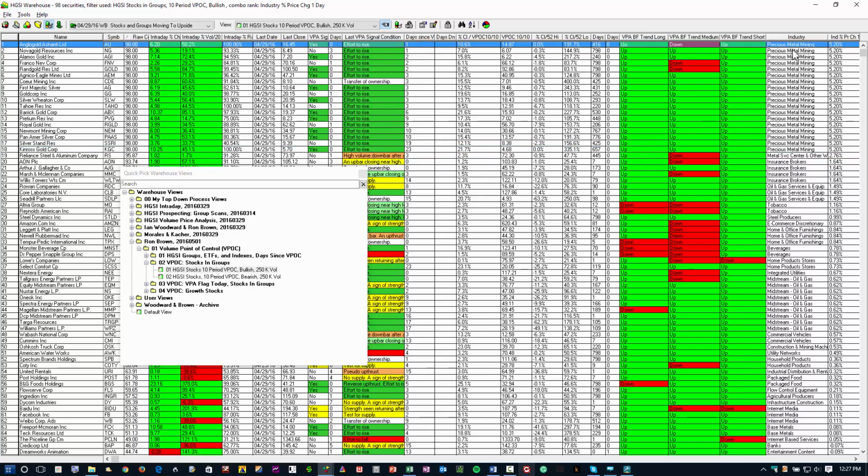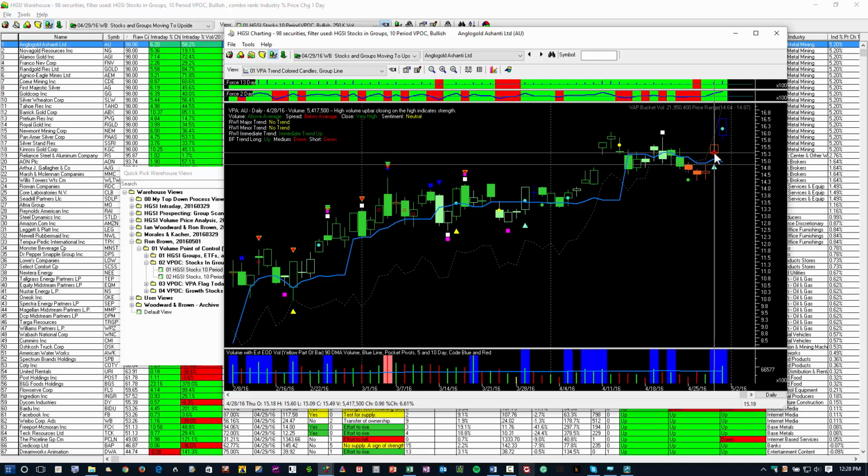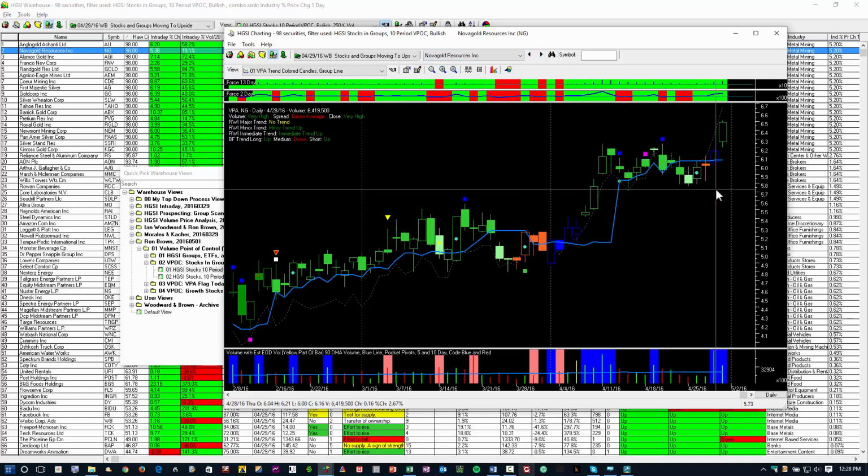This shows me the precious metal and mining stocks that have crossed over most recently. None yesterday because there are no zeros here, but there are a couple of ones, and you can see that right here where the volume point of control was crossed and it followed through the next day. Here's another one.